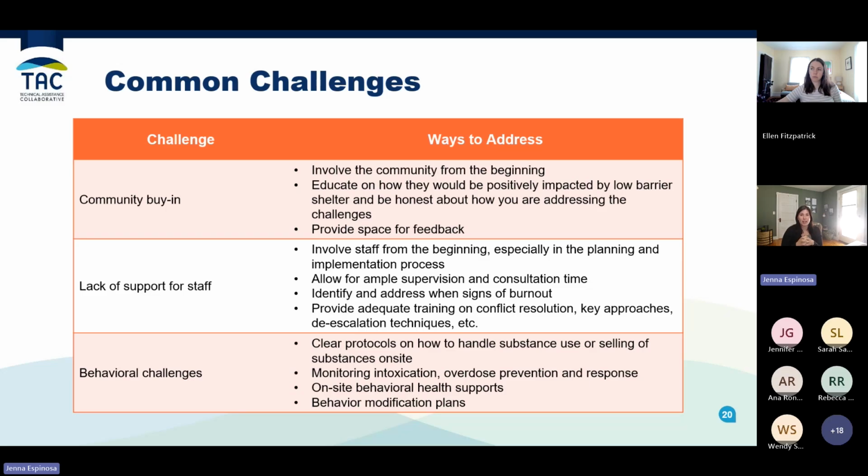Pooling resources can be a very helpful way to overcome funding challenges in a community. And so instead of every organization competing for the same funding to do the same thing, pooling resources to make sure you have a system, it's also a lot more person-centered to do it that way, because it's really focusing on how can our system serve the person instead of each of our organizations doing that.